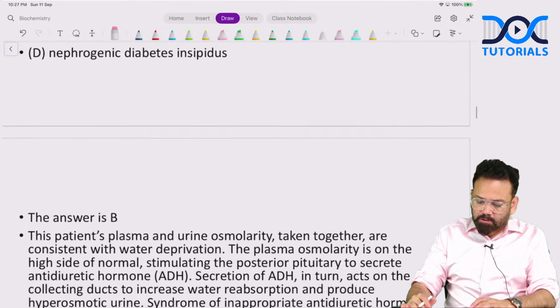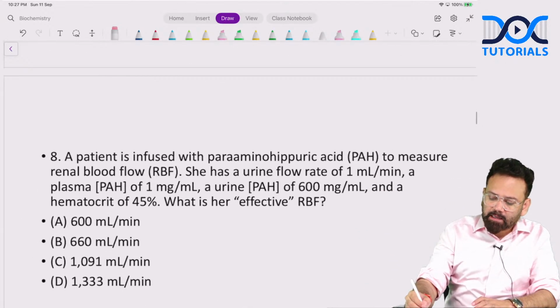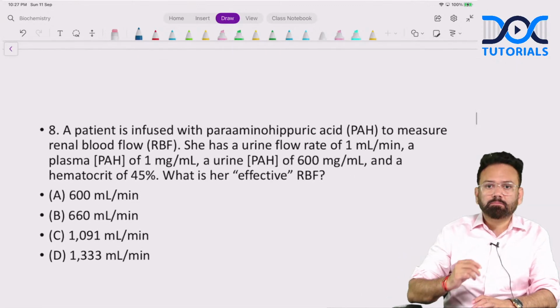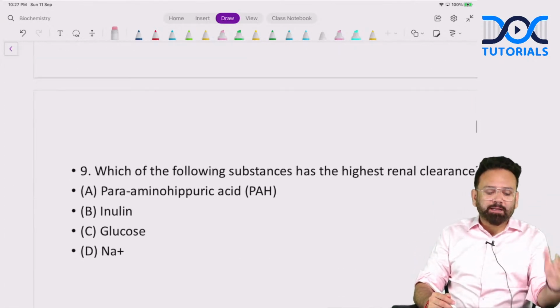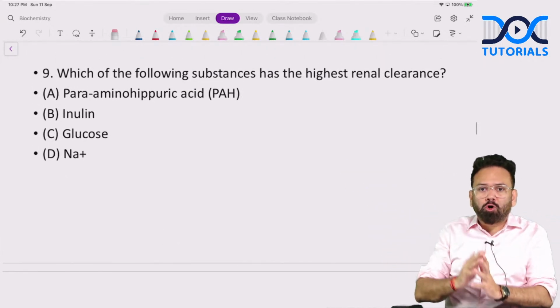Which of the following has the highest renal clearance? Which has maximum renal clearance? 100% of renal plasma flow going to the clearance.